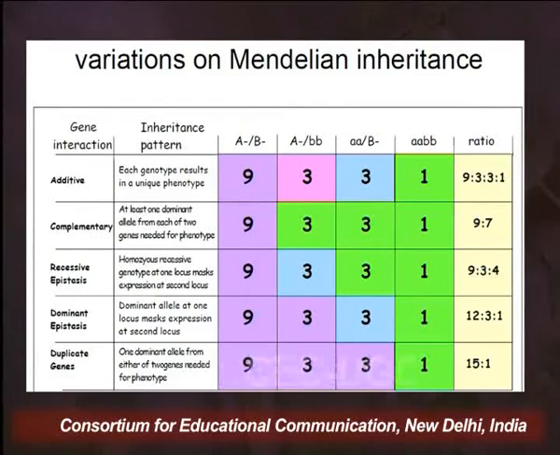So to summarize all these interactions, you can see on your screens a pictorial depiction of the different types of interactions, which are ranging from 9:3:3:1, transforming to 9:7, the complementary genes, and 9:3:4 of recessive epistasis, and the ones which we have discussed today in the form of 12:3:1 and 15:1.